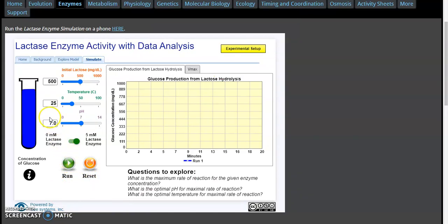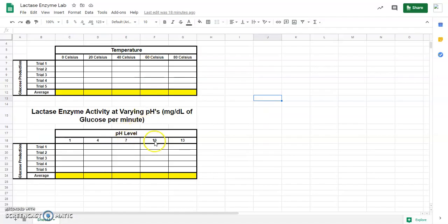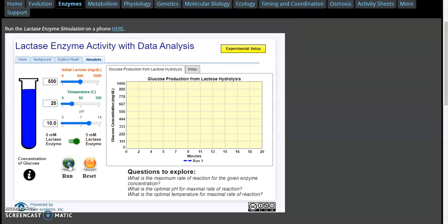Now we're going to change the pH to 10 because that is the next one that we need to do according to our chart here. pH of 10. We're going to do it 5 times. Here we go. 1, 2, 3, 4, and 5.